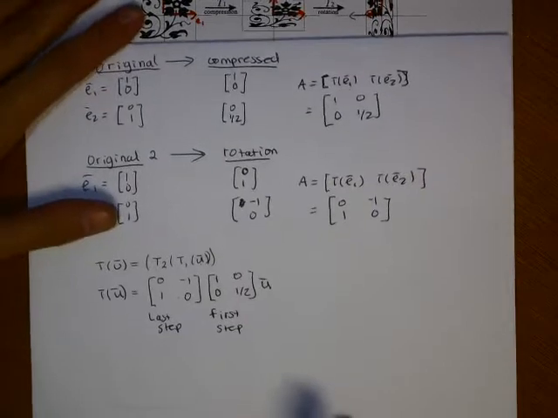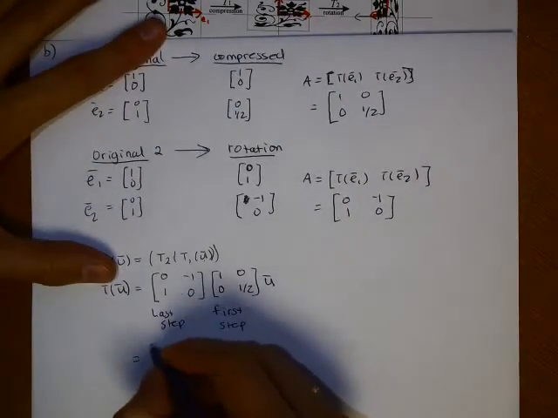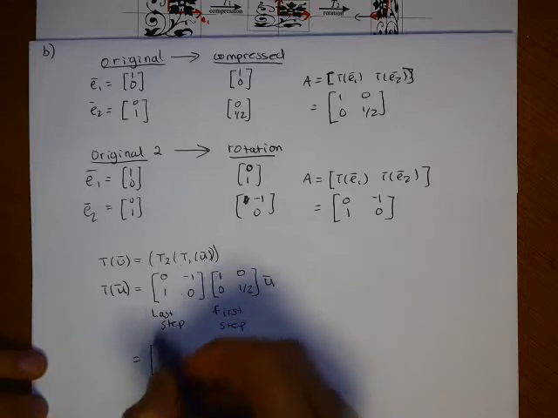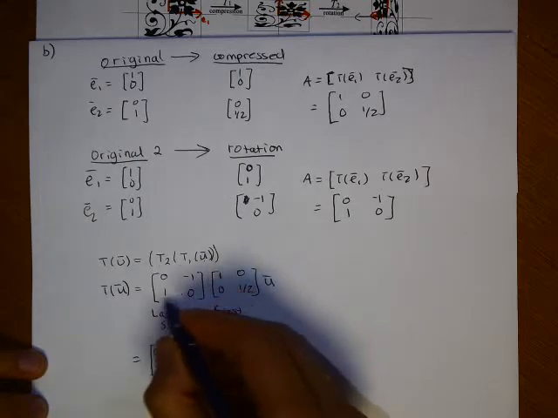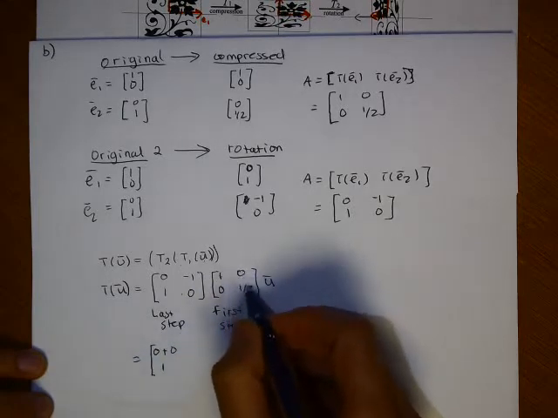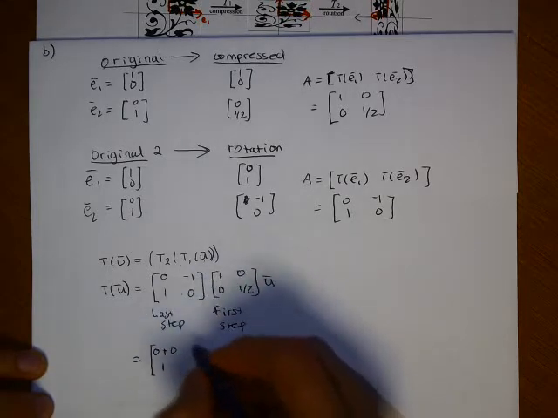So let's just calculate that matrix multiplication. This is just like finding dot products. So we have 1 times 0 plus 0 times negative 1. Then we do the same thing with the next row. So 1 times 1 plus 0 times 0. Then we take the second column and hit it by the first row.